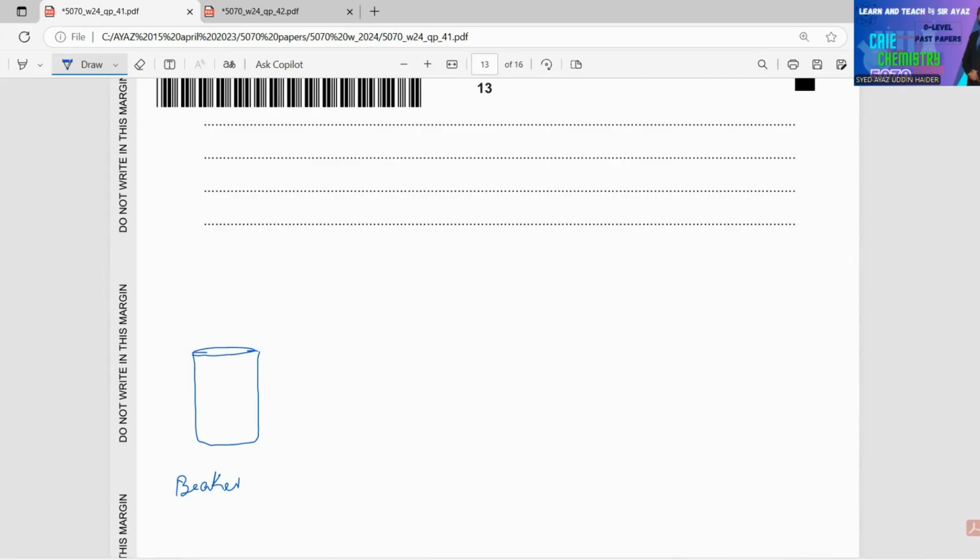Weighing balance. It must be like that. It's weighing balance or beam balance.